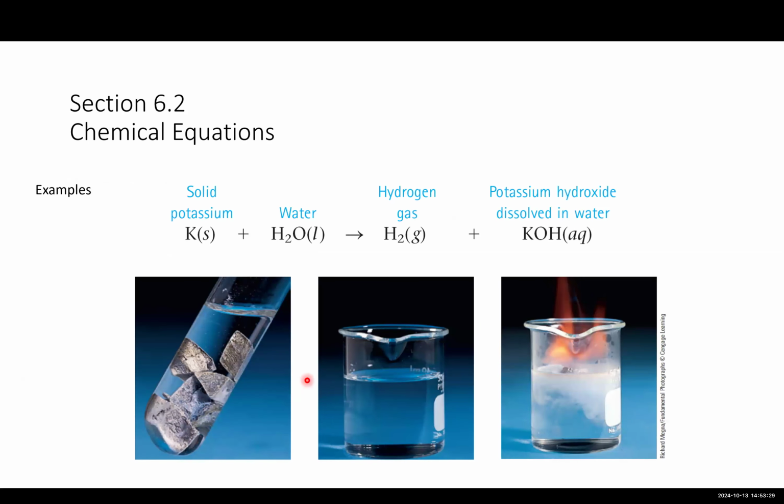So when you're writing the equation, you can take a look at this. Potassium is a solid, and then you mix it with water, which is a liquid. Then hydrogen gas will evolve, and you will make potassium and hydroxide ions in aqueous solution.